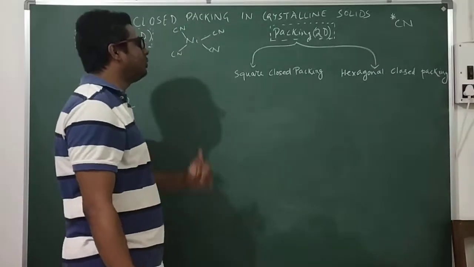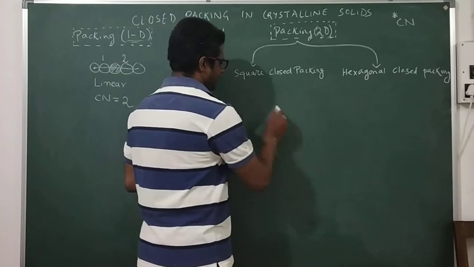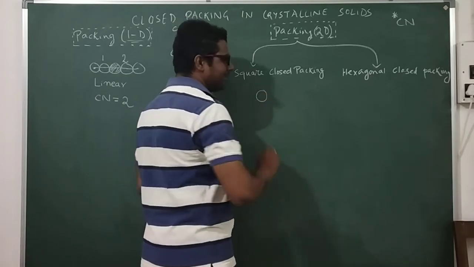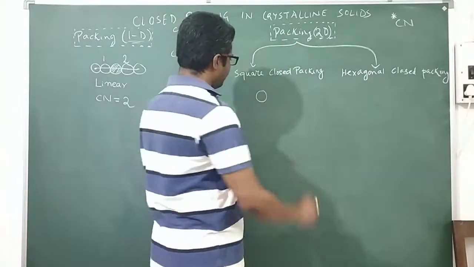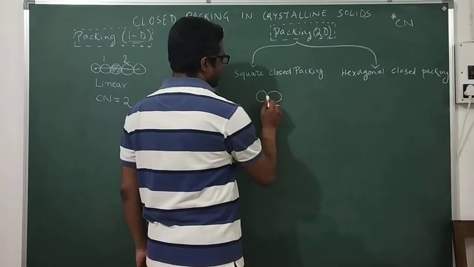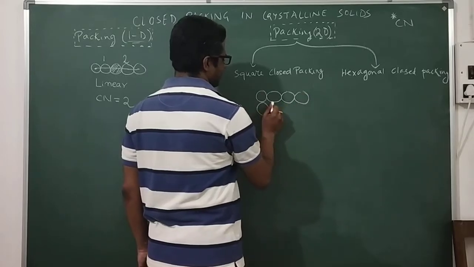Next is packing in 2 dimensions. First thing is square close packing. So 2 dimensions means there will be 2 directions, x direction and z direction. First I will go in x direction like this and then z direction.